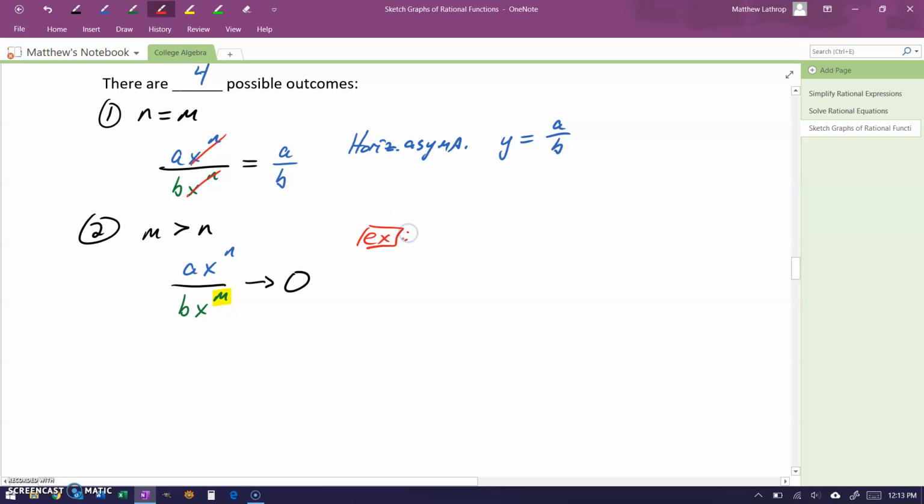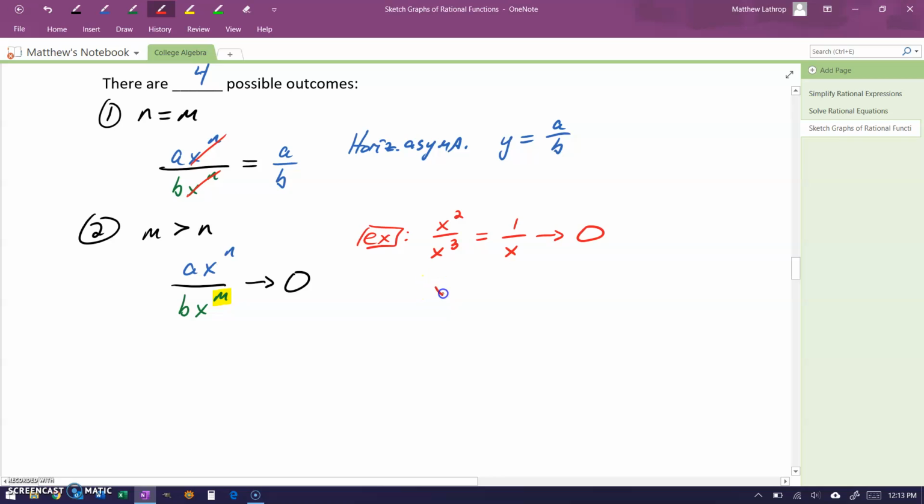As a few examples to help understand this idea, we could consider something like x squared over x cubed. So that exponent in the denominator is larger. This would reduce down to 1 over x, and as we plug in extremely positive or negative values for x, we'll get values that keep getting closer and closer to 0. You could verify that with your calculator.